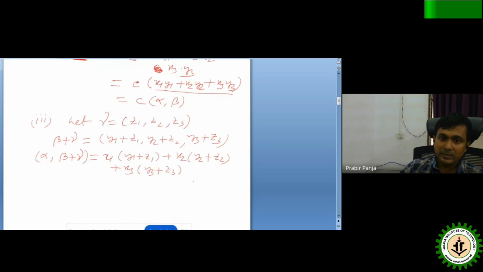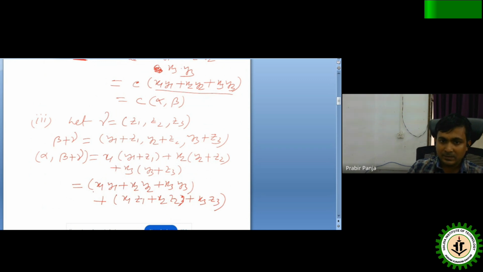Now, if we simplify this expression, it will take this form: x1 into y1 plus x2 into y2 plus x3 into y3, and plus we can write x1 z1 plus x2 z2 plus x3 z3.